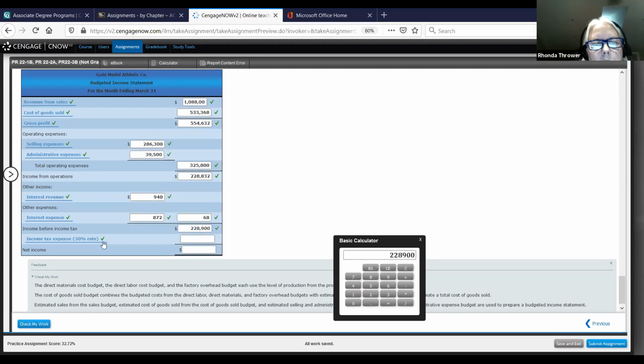And then your income tax expense is 30% of this amount. So I'm simply going to multiply this amount by 30%. And that will give me income tax expense of $68,670.